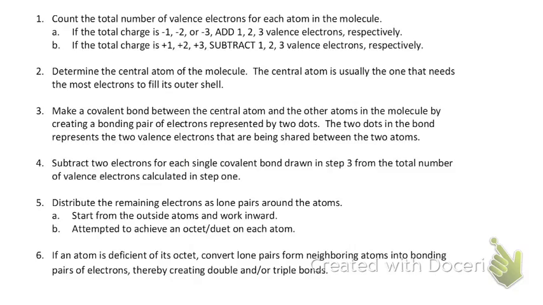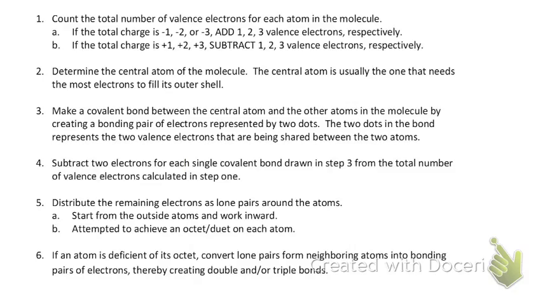Now essentially, the central atom is the one that usually needs the most electrons to fill the valence shell. So you look at your molecule, you look at the atoms involved, and you determine which one needs the most electrons, and you place that in the center. And then you're going to put all the other atoms around that central atom.